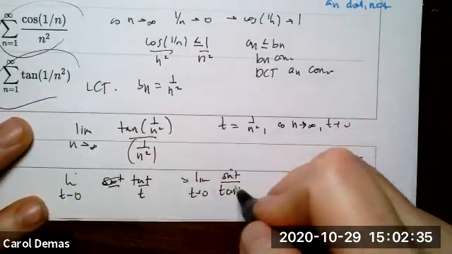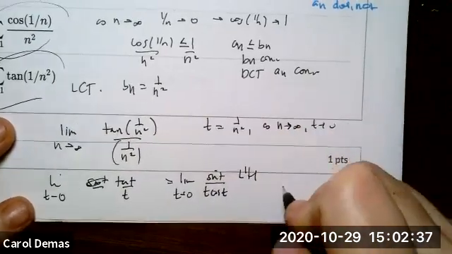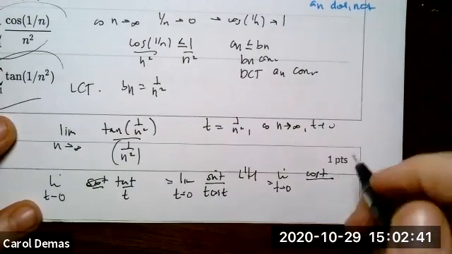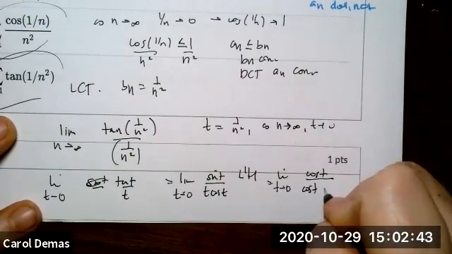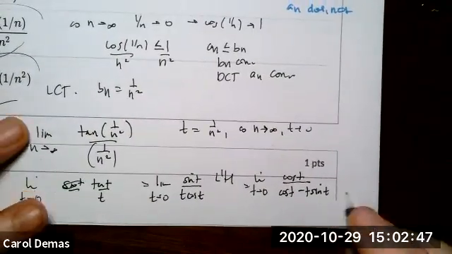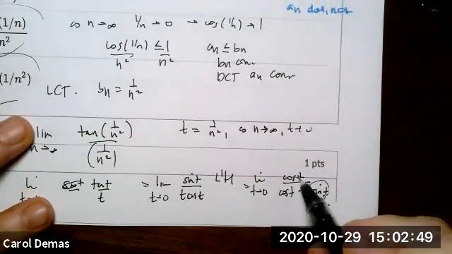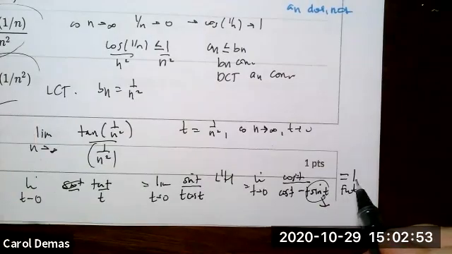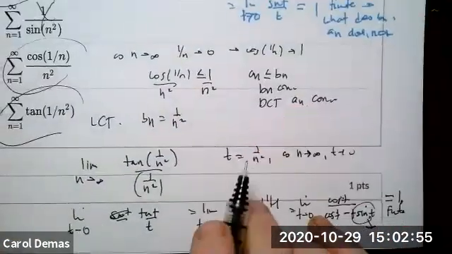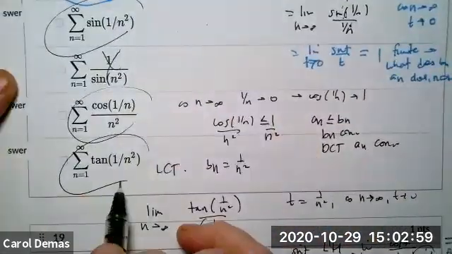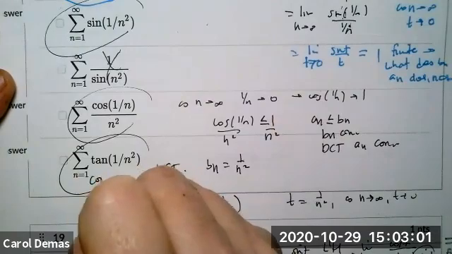Okay, and we have to use L'Hopital here. So we'll have cosine t over cosine t minus t sine t. Okay, and this guy goes to 0, but these will go to 1, and that's finite. Since this limit is finite, and bn converges, this will also converge by LCT.